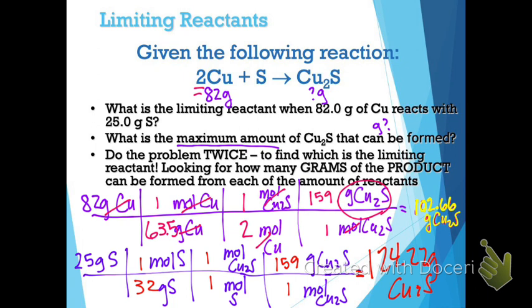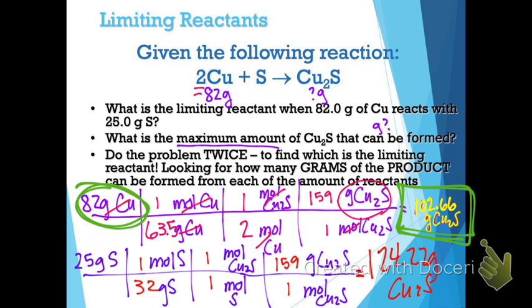So here's where the important part happens. We've established that if we use up all 82 grams of copper, then we would have the ability to produce 102.66 grams of copper sulfide. Then we understand that part of it. Right?